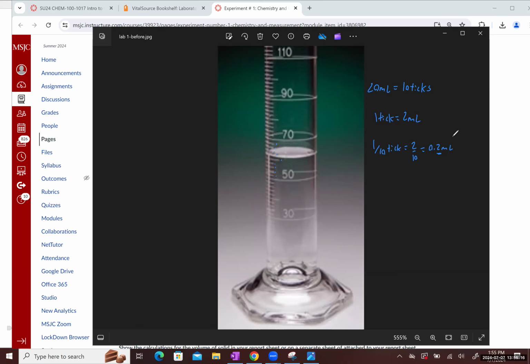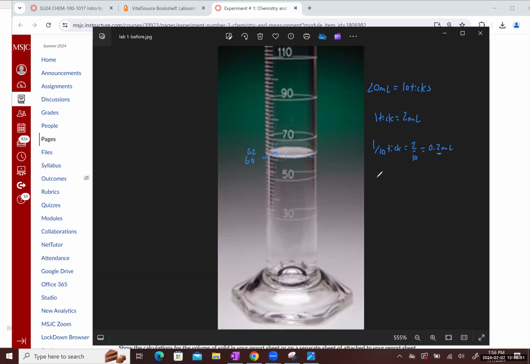We have the 60 mark here, and we see that the bottom of the meniscus is somewhere between 60 and 62.